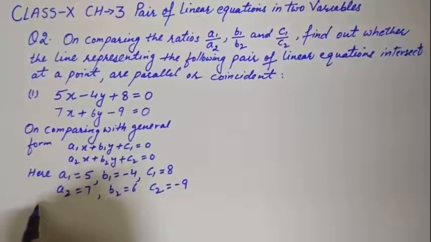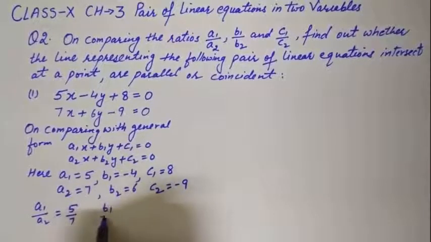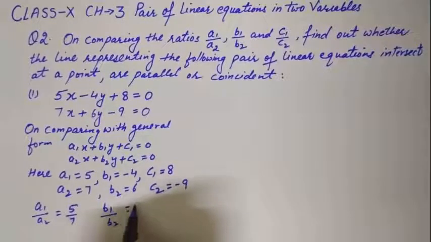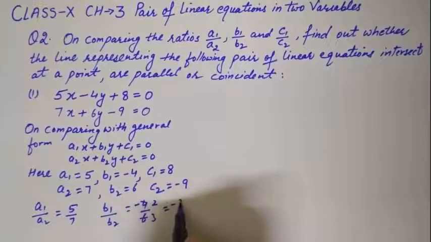What is a1 over a2? This is 5 over 7. What is b1 over b2? This is minus 4 over 6. If you cancel this, 2 2s are 4, 2 3s are 6, so it is minus 2 over 3.